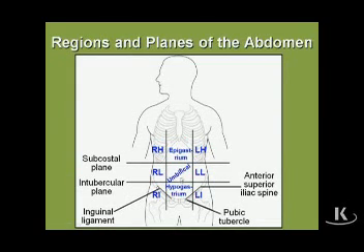The regions of the midline, epigastrium, umbilical, and hypogastrium, will relate to the 3 portions of the GI tract based on its embryology, specifically the foregut, the midgut, and the hindgut. So pain arising from, for example, a midgut organ will be referred to the umbilical region, whereas pain arising from a foregut organ would be referred to the epigastrium, and so forth. We'll come back and talk about that some more when we do the GI tract.